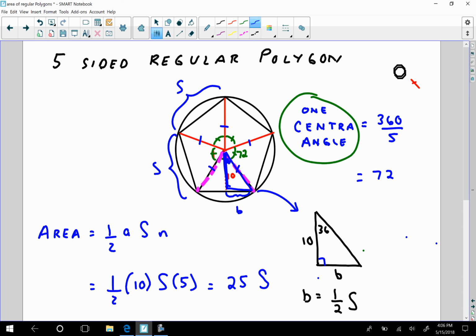That's true because this altitude in an isosceles triangle is also a median. It's also a perpendicular bisector. So it's going to bisect that side there. And that side is S, so B is going to be 1/2 S.